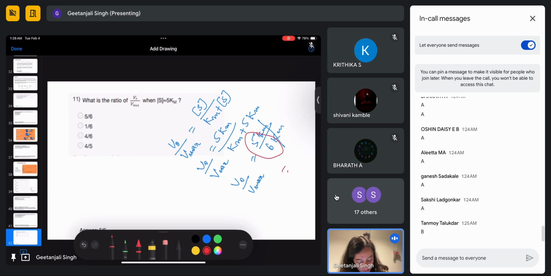Therefore, V naught by Vmax is 5 by 6. Did you guys get it? It's simple, but if there is any doubt, please let me know.